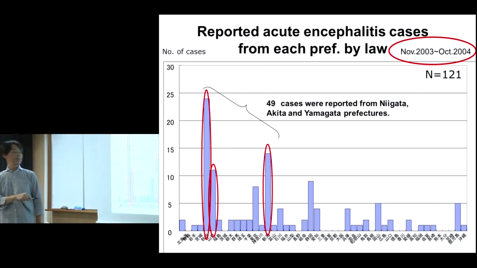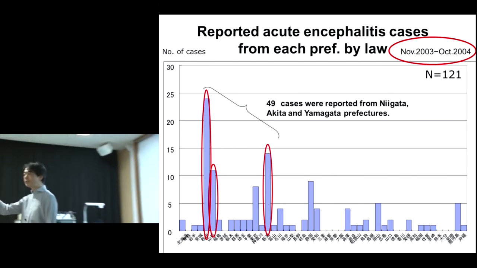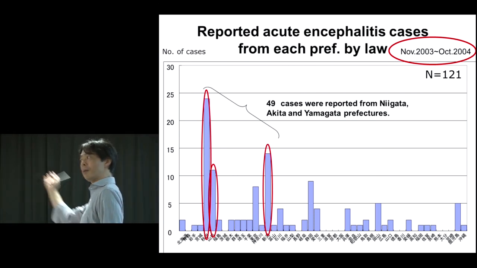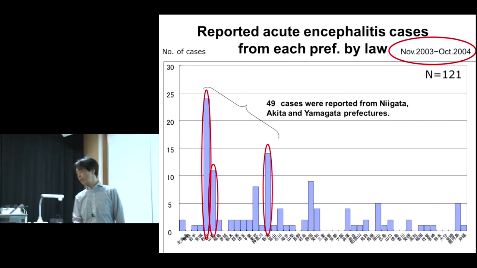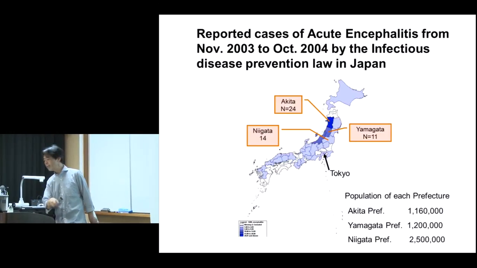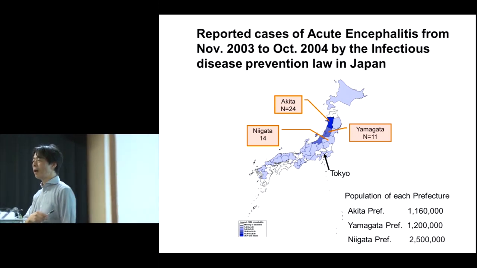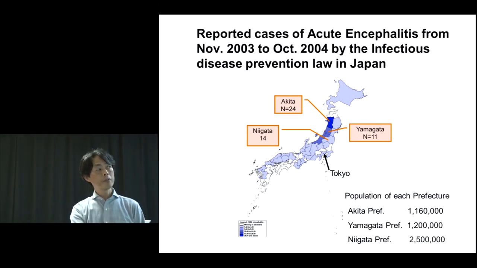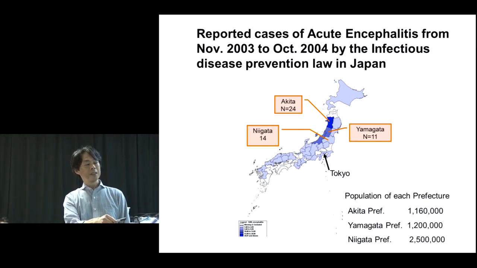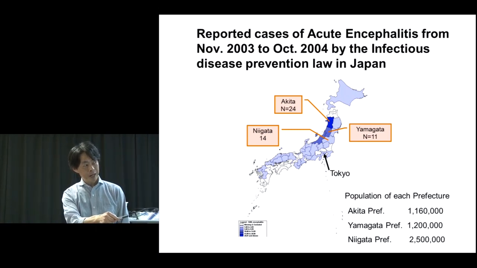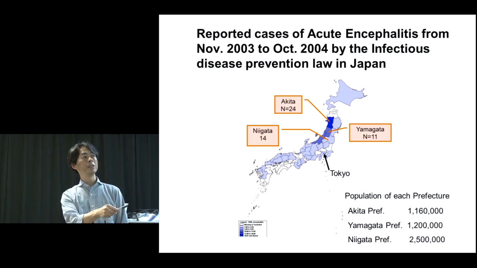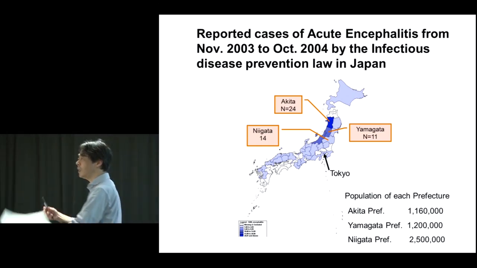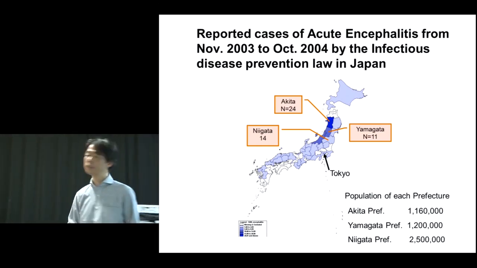It's the northern part on the Japan Sea side, not the Pacific side. I'll show you a map. Yes, this is according to the newspaper articles. So Akita, Yamagata, Niigata: many cases of neurological unknown diseases with high case fatality ratios.